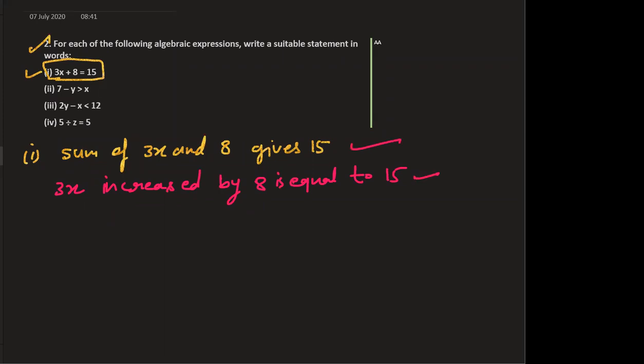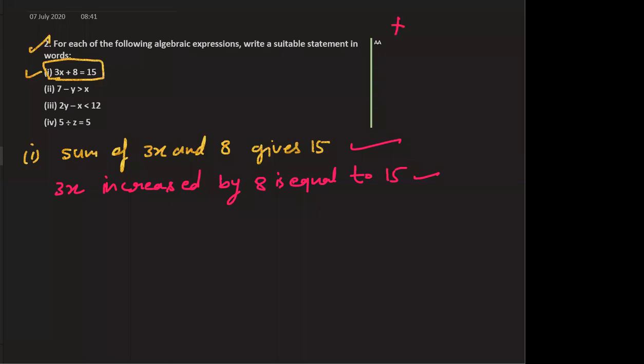Okay, both are correct. Now students, you must keep this in mind: when we are writing the statement, it may be different from one student to another, but it should be right. For example, if there is a plus sign, then you must know how to write it.